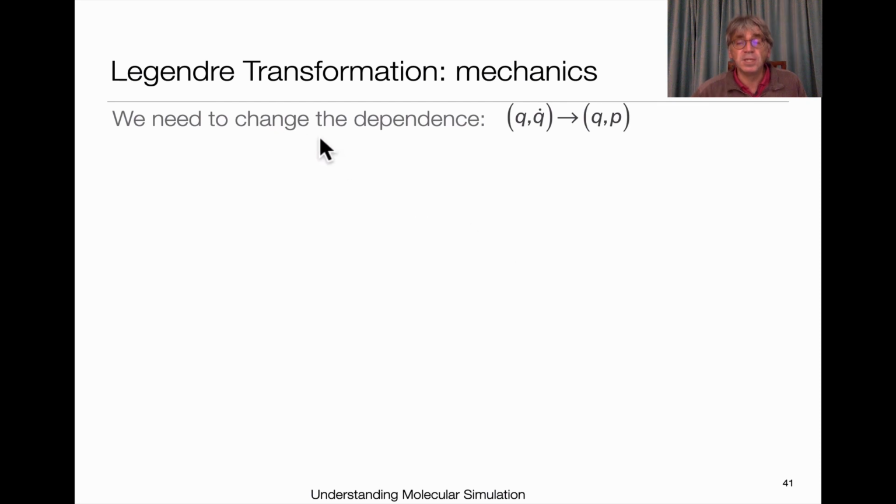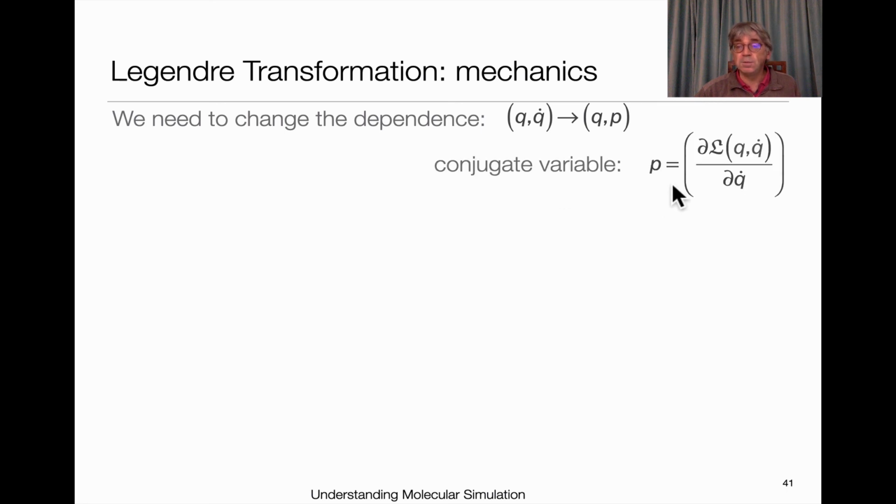Okay, so what is the Lagrangian transformation? We have them depending on Q and Q dot, and this is the Lagrangian, and we would like to have a function that depends on Q and P, the momenta, and not on the time derivative. So what we can do is, like we did with the thermodynamics, we define our conjugate variable P, and we do this Lagrangian transformation.